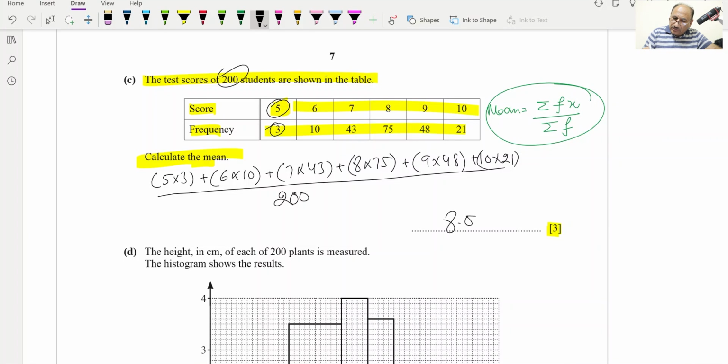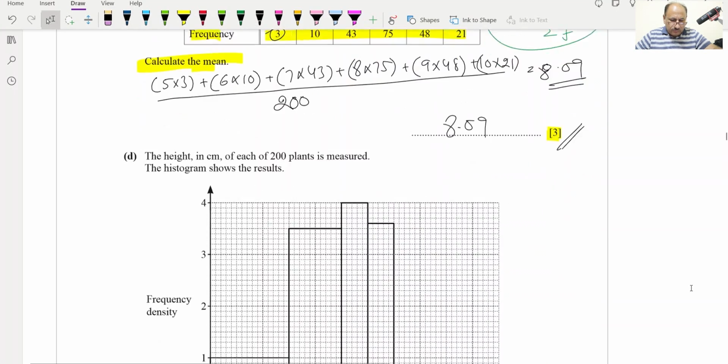So 8.09 will be the answer. This is the 3-mark question, which we are done.